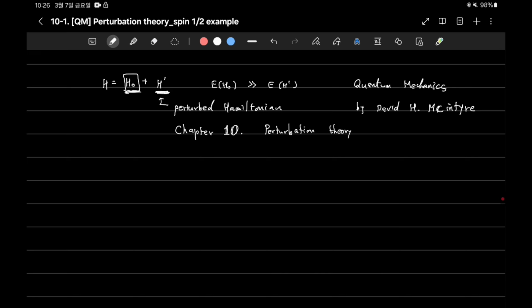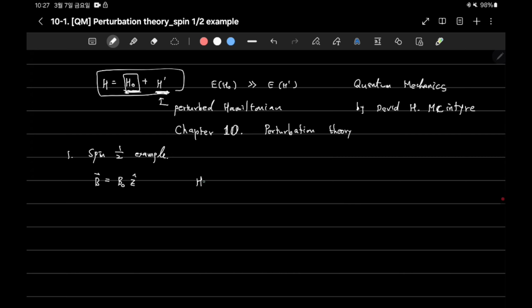Actually, here we assume that the Hamiltonian can be separated into two parts, solvable and unsolvable, and we call the latter the perturbed Hamiltonian. Let's consider an example: a spin 1/2 system. Let's assume that a spin 1/2 electron is under an applied magnetic field, applied in the z direction.